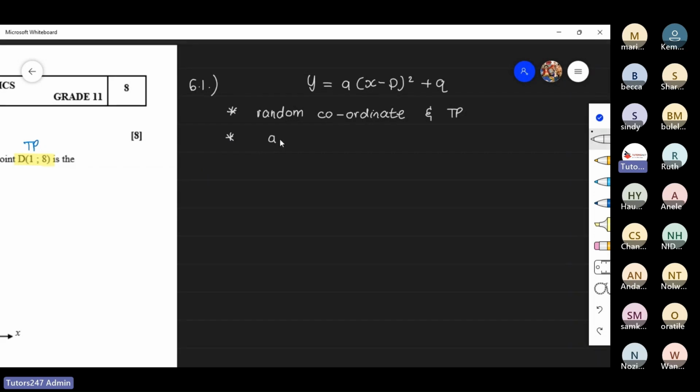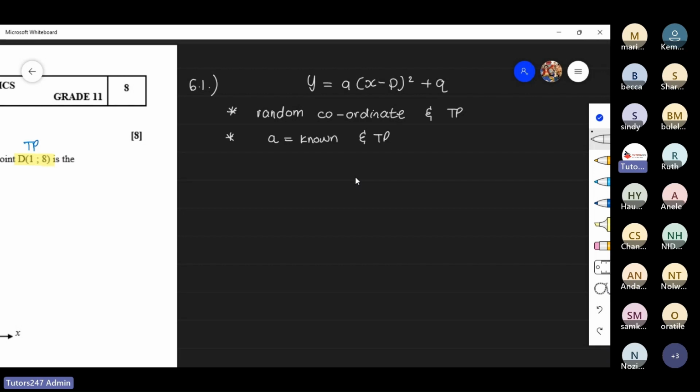So if we are given the value of A, we do not need the random coordinate. So you can go with option number 1. If you have a random coordinate and your turning point coordinates, you can use that to calculate for your equation. If you have A known and you have your turning point coordinates, you can then use that to calculate for your equation.